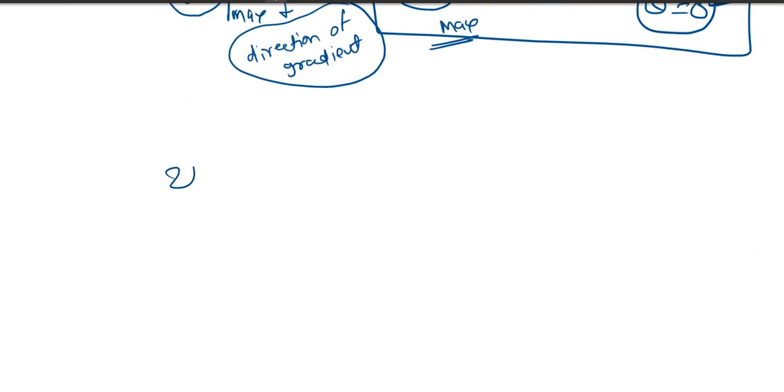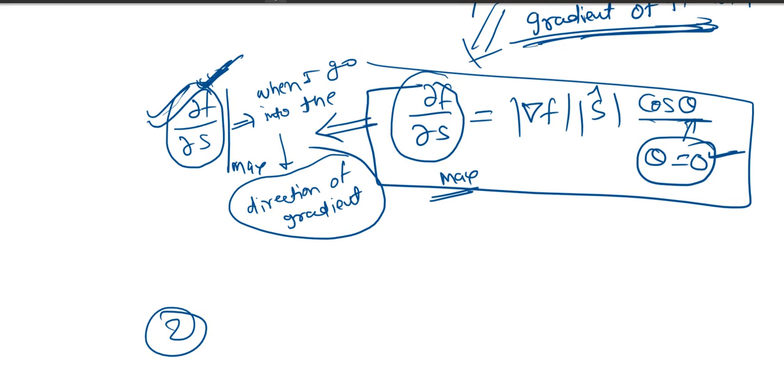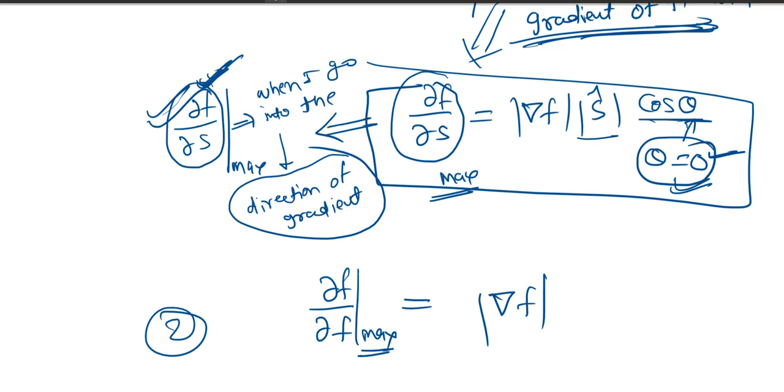Now second point, let's say if we put theta equal to 0, then delta f by delta s we will be getting maximum, equal to the magnitude of delta f, and the magnitude of s cap will be 1 because this is the unit vector.